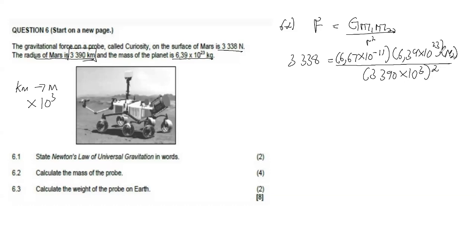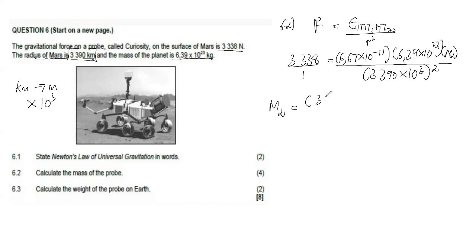Now, if you want to calculate this without going further with your maths, you can cut down all these steps by cross multiplying. Remember, this is over 1. So we can take the whole R squared multiplied with the force, then divide throughout by whatever we have on the numerator.